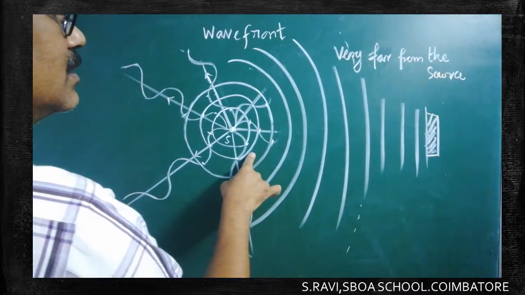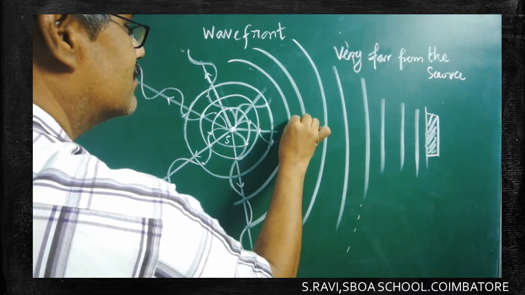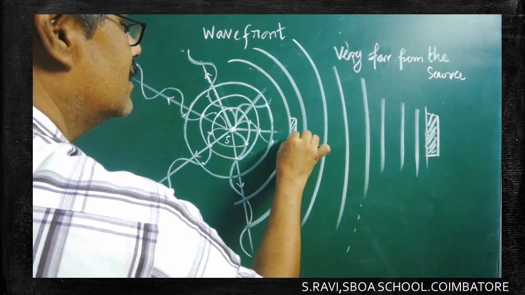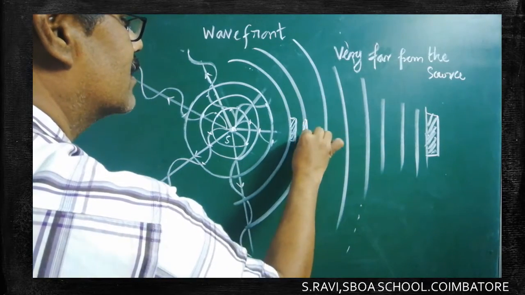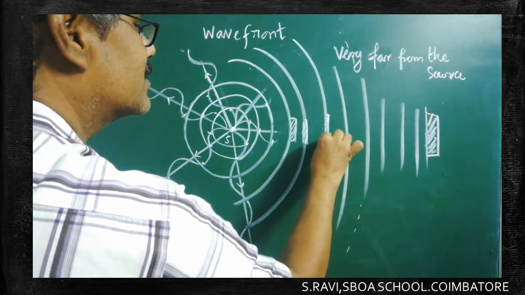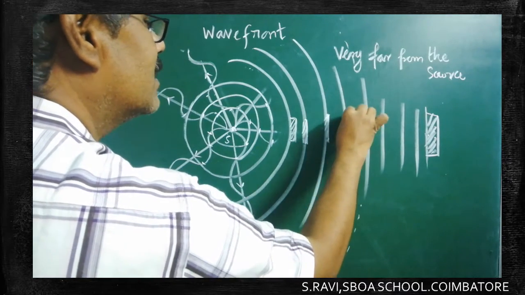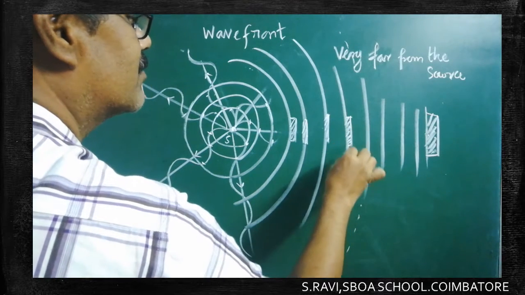Make a note. Here also I can draw a small plane wavefront. On the surface of the spherical wavefront I can draw a small plane wavefront. Here also I can draw a plane wavefront. So within the spherical wavefront structure I can take a small portion, and there I can draw the small plane wavefront. Are you clear?